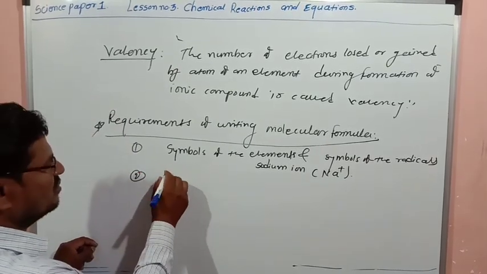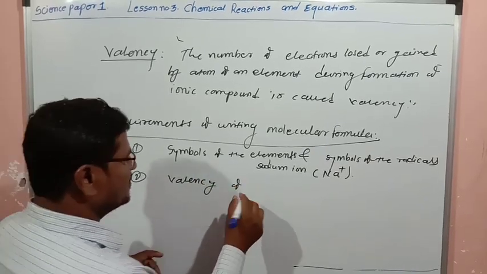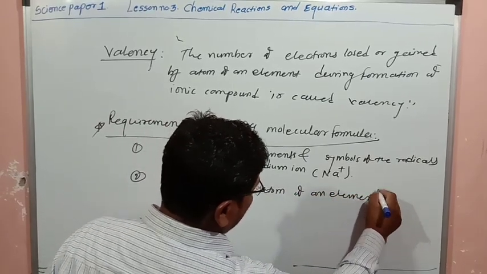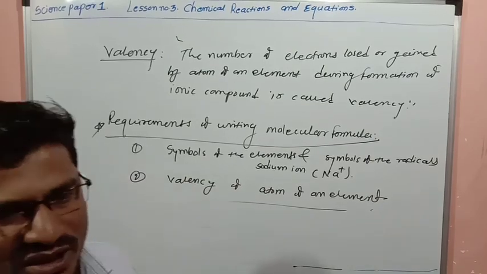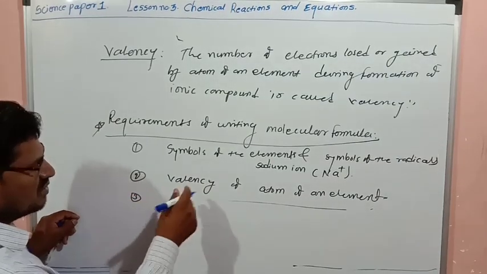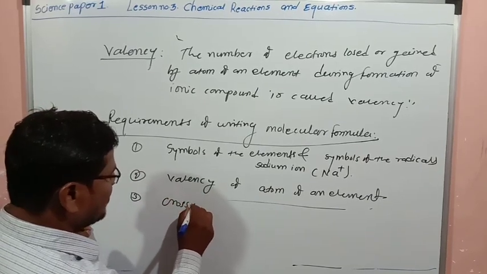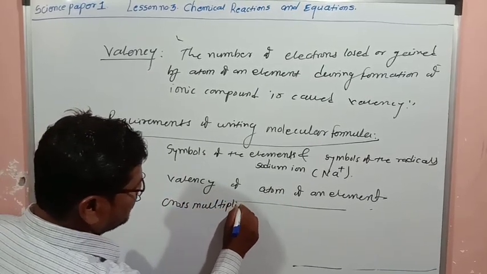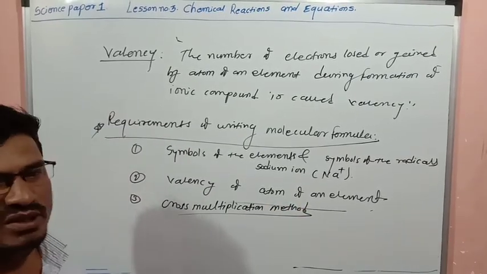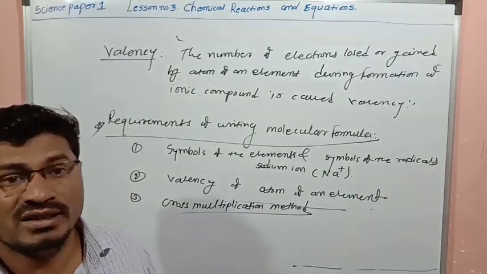Second, you should know the valency of the atom of an element. Next, you should use the crisscross formula, the cross multiplication method, to write the molecular formula.